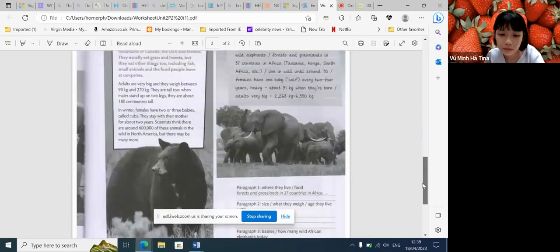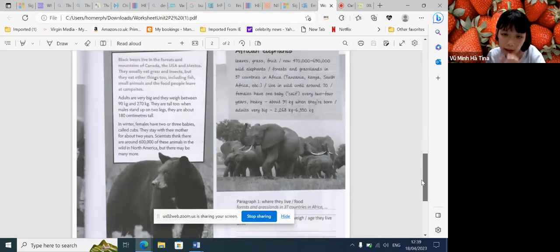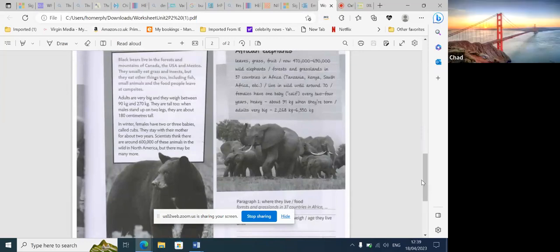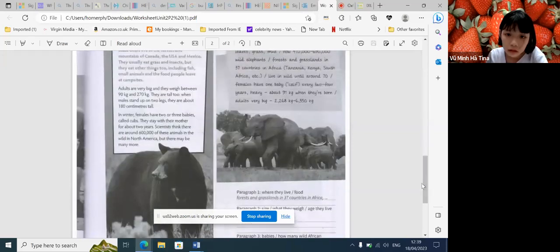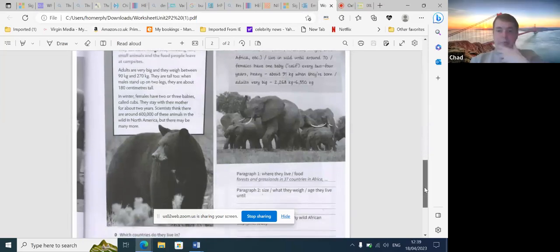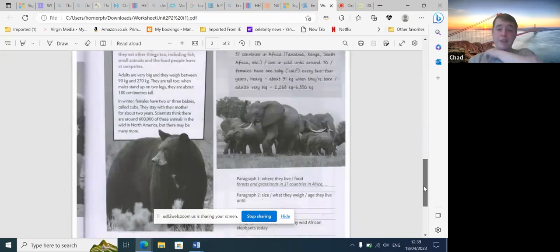The calf weighs about 91 kilograms when they're born, and the adults are 2,268 kilograms to 6,350 kilograms. Yep. That's when they're fully grown adults.